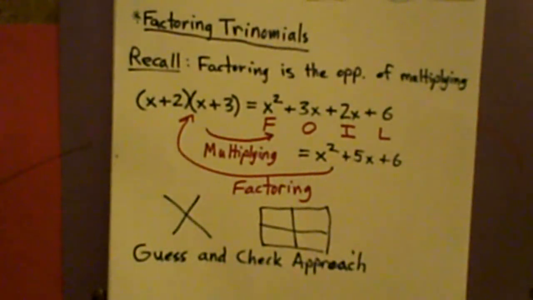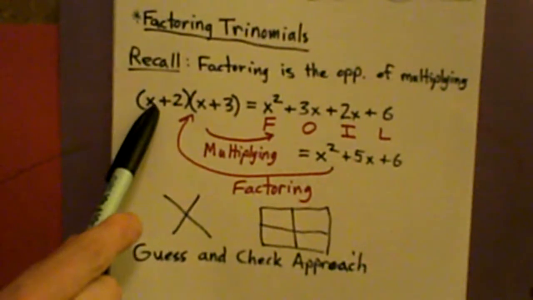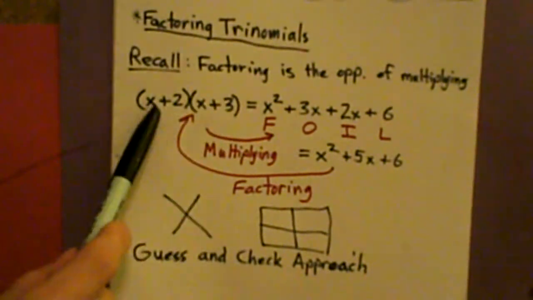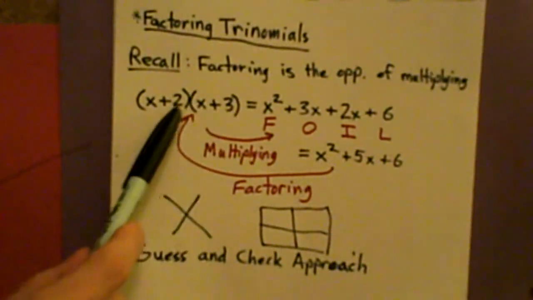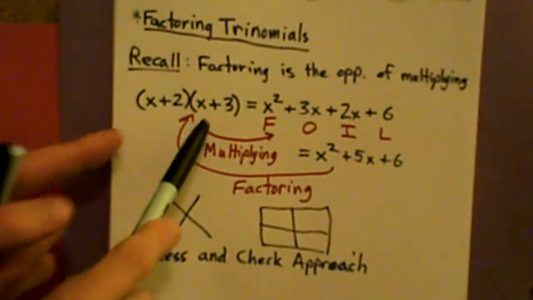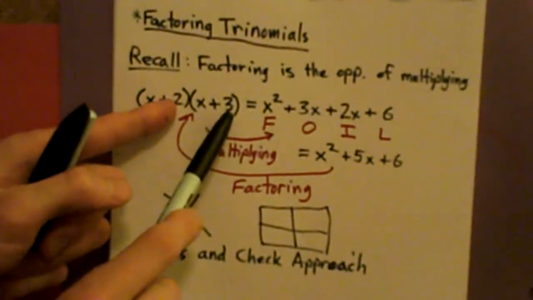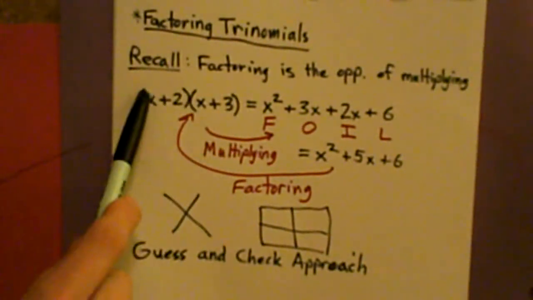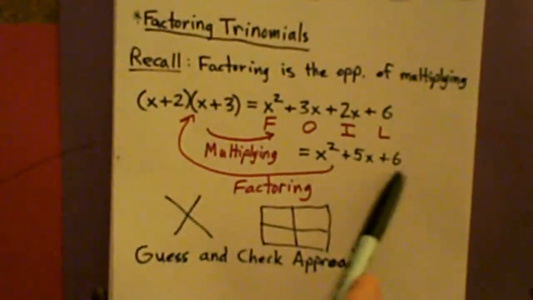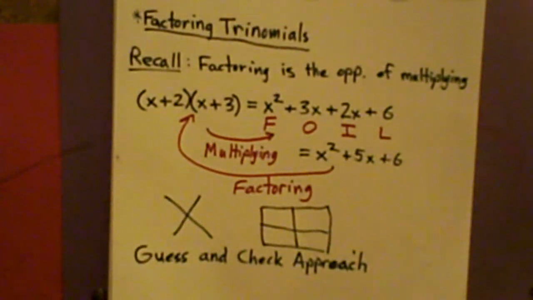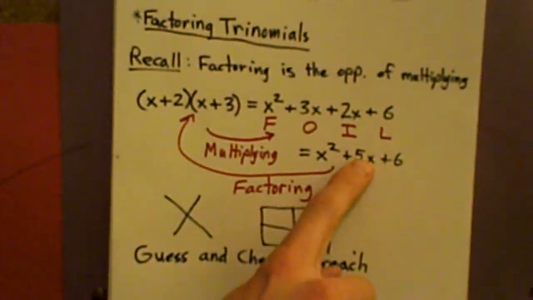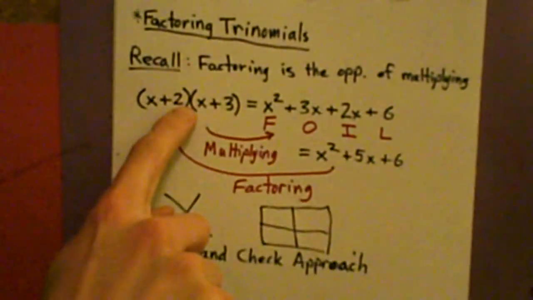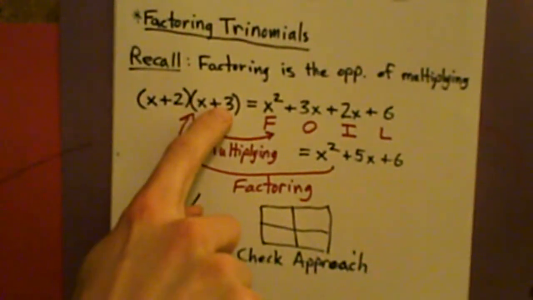Basically, we're going to be guessing what numbers go into these different spots, whether it's the x times x or the 2 times 3. What numbers go in here that when we multiply them all out, we actually get what we started with. There are a couple of things I want you to notice about the relationship between this trinomial that we're trying to factor and this binomial multiplied by this binomial.